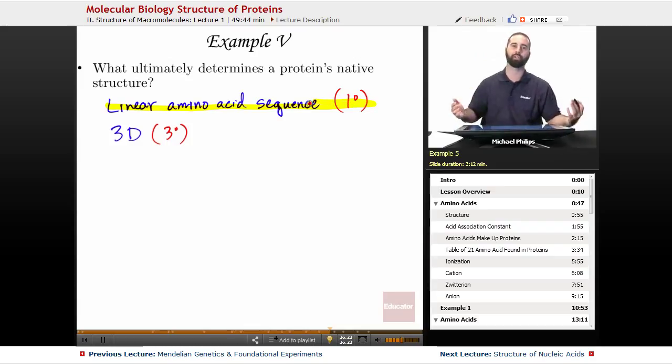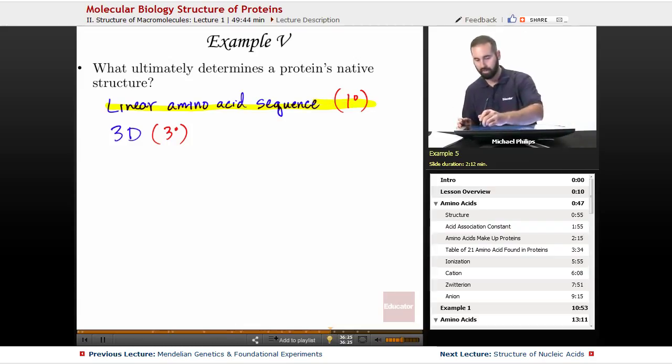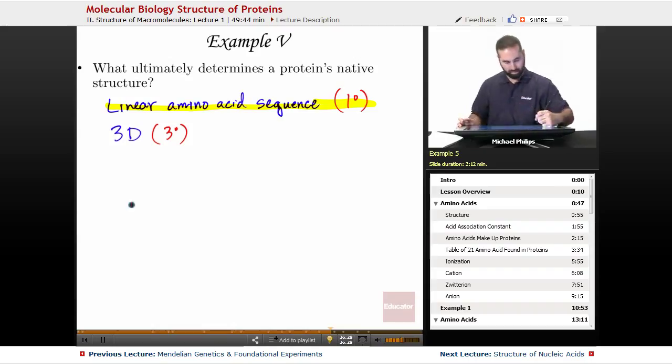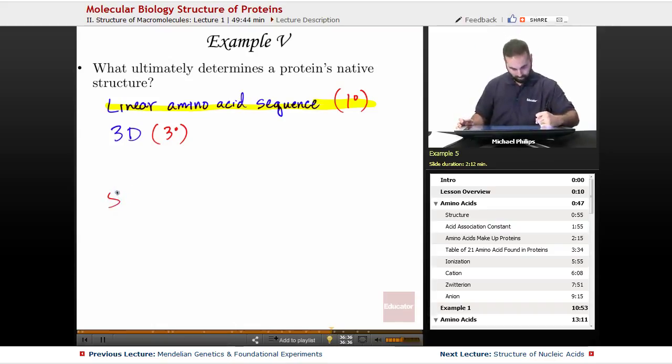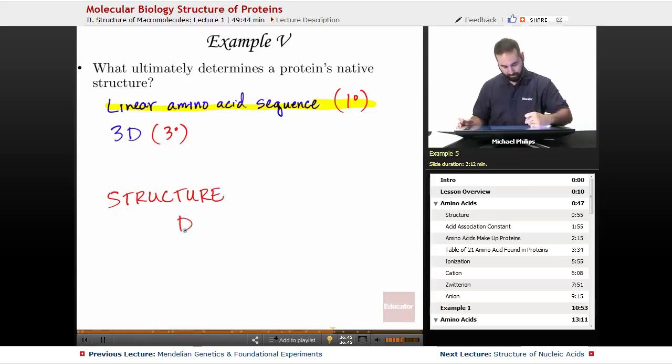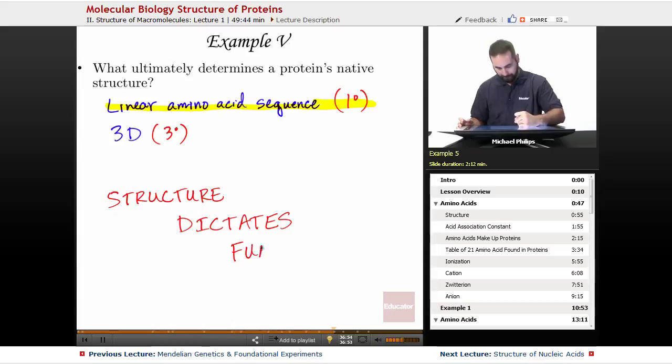So it's primary structure. And remember, structure dictates function. All right. Don't forget that one. We're going to come back to that multiple times.